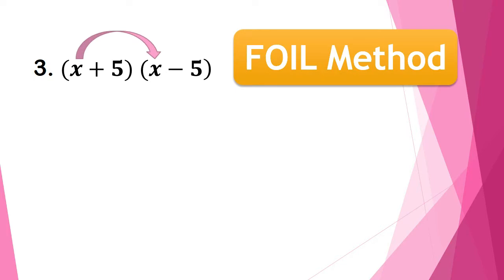Let's multiply x times x, which represents F, our first term. So x times x is equal to x squared. Next, O represents the outer term, which is x times negative 5. So x times negative 5 is negative 5x.